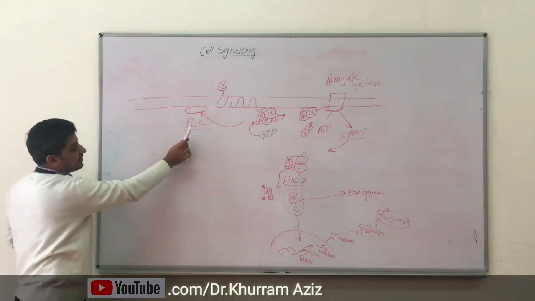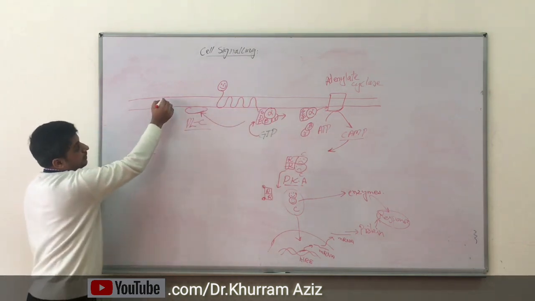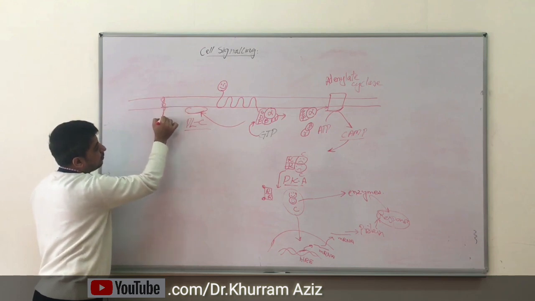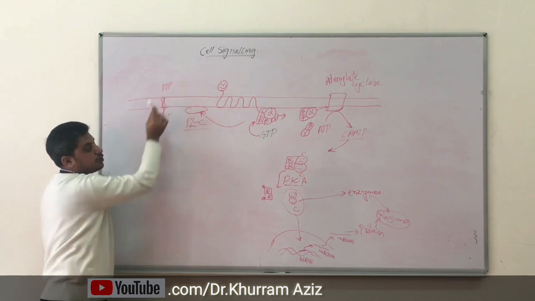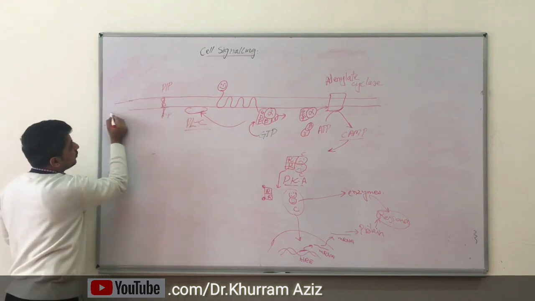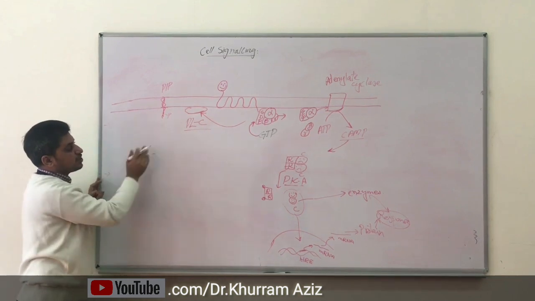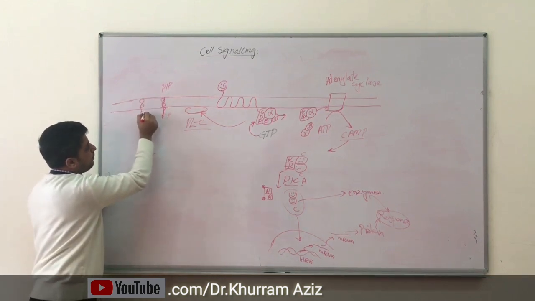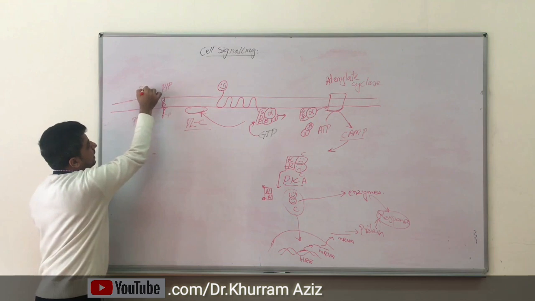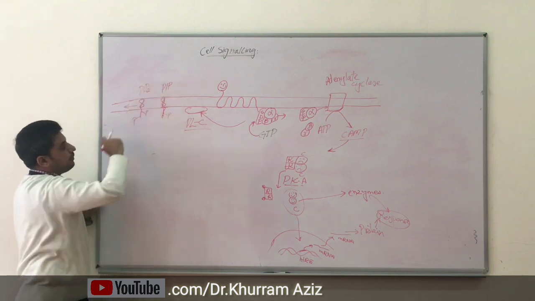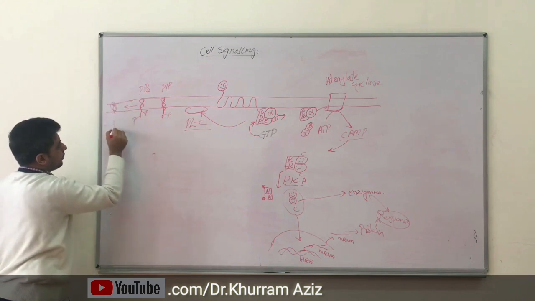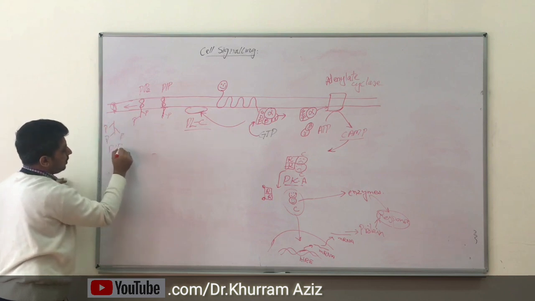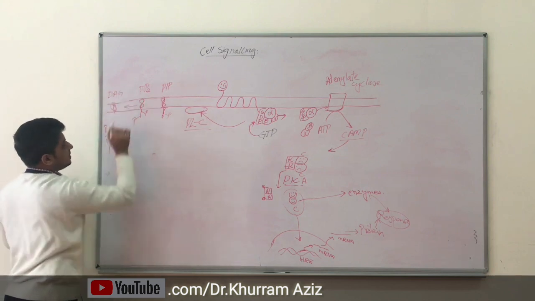And then after the activation of this phospholipase C, there is another portion we name as PIP, which is phosphoinositol phosphate. This phosphoinositol phosphate will first be converted into the PIP2 molecule, and after that there will be the cleavage of this molecule like this, into PIP3 and DAG.